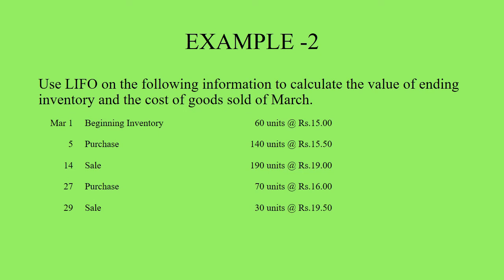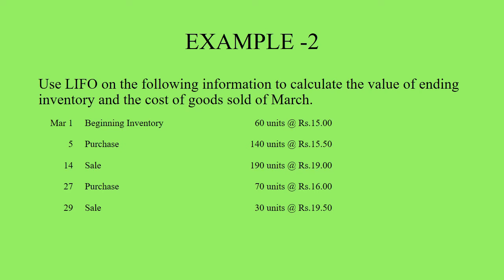This is another example for the LIFO method. The question asks us to find out the cost of goods sold for the end of March, and also the ending inventory for the month of March. Here it's given that on March 1st, the beginning inventory was 60 units at rupees 15. On March 5th, they purchased 140 units at rupees 15.50, and on March 14th, there was a sale of 190 units at rupees 19 per unit.